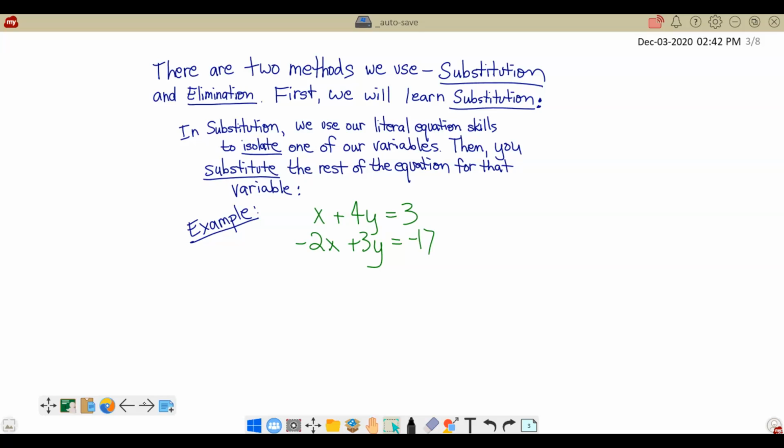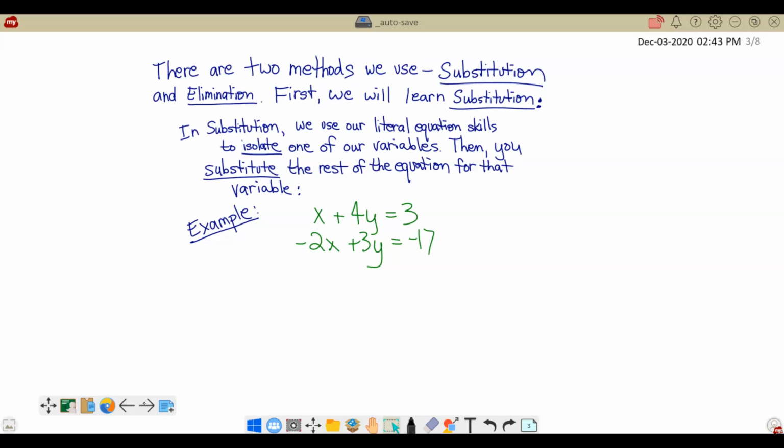There are two methods that we use to solve systems with algebra. One of them is called substitution, and the other is called elimination. First, we will learn substitution. That's what this lesson is about.